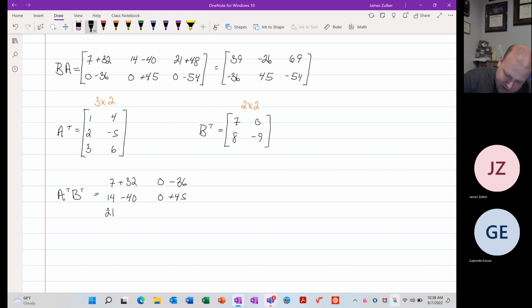Finally, third row, we're going to get 21 plus 48, and then 0 minus 54. Negative 39, negative 36, negative 26, 45, then 69, negative 54.